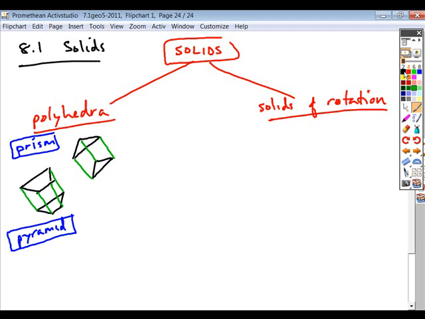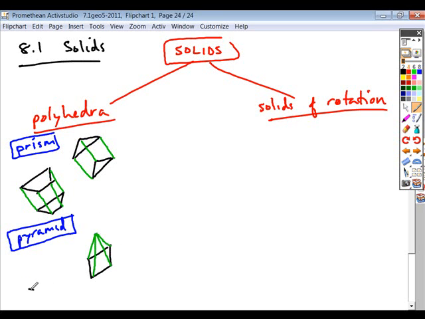A pyramid is the same idea. You start with a polygon base, but this time only one. So let's say we take a square or a rectangle, and now instead of meeting corresponding pieces of a similar or congruent figure, these are just going to meet at one common point. So it's one base meeting at one common point.